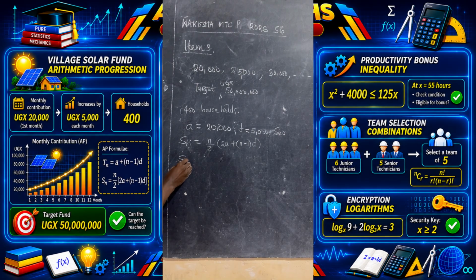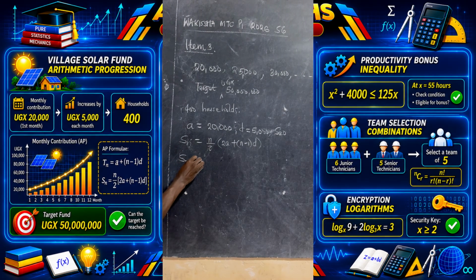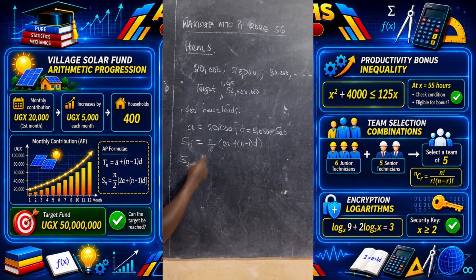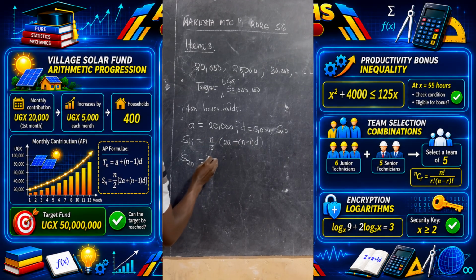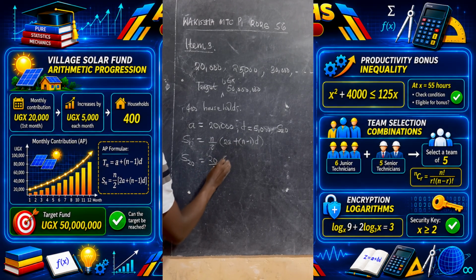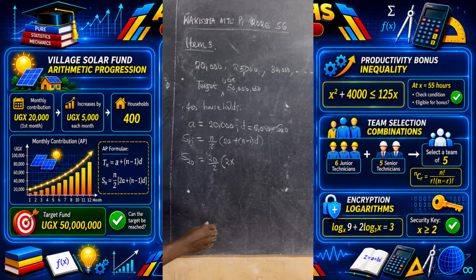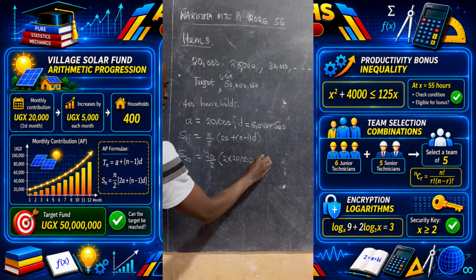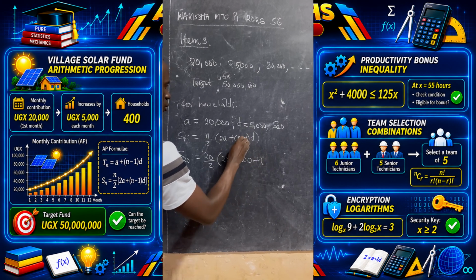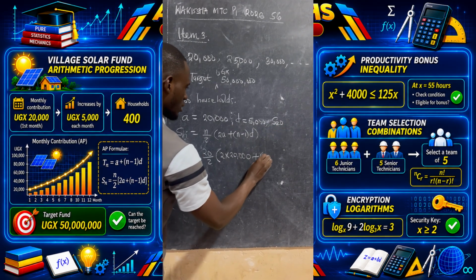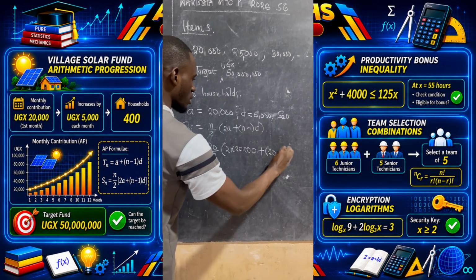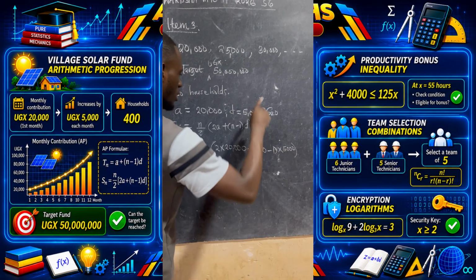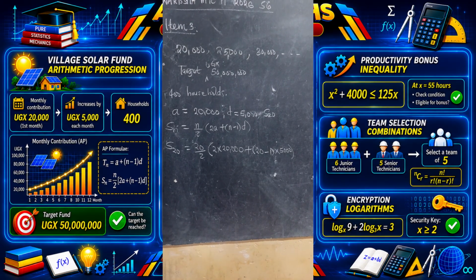So S of 20, I need to get the total in 20 months. This is just for a single household. The n, which is 20, is going to be divided by 2 into 2 times this person's initial money given in the first month, which is 20,000, then plus n, which is 20 minus 1, times the common difference, which is the 5,000 they are contributing, that keeps on increasing.